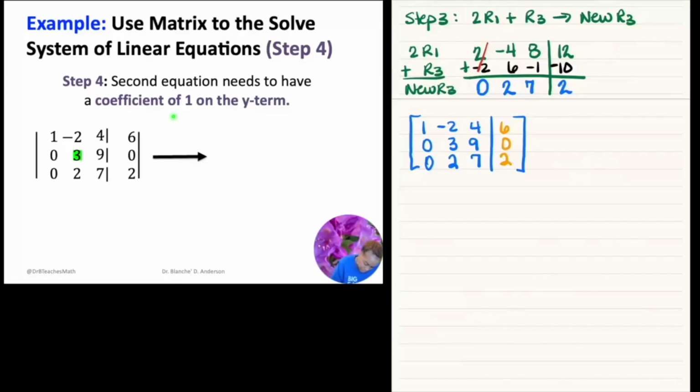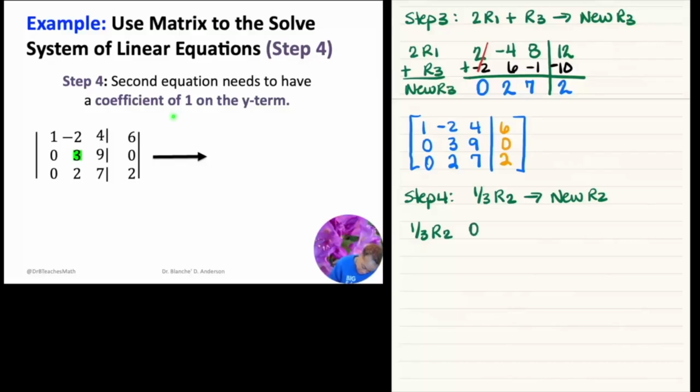So this is step 4. We're going to take 1/3 times row 2, and we're going to get our new row 2. So that means if I write everything over 3, divided by 3, 1/3 times it is the same thing as over 3.